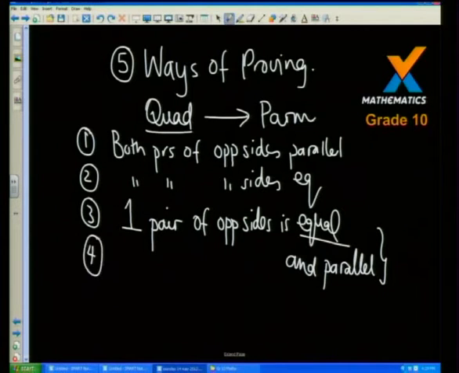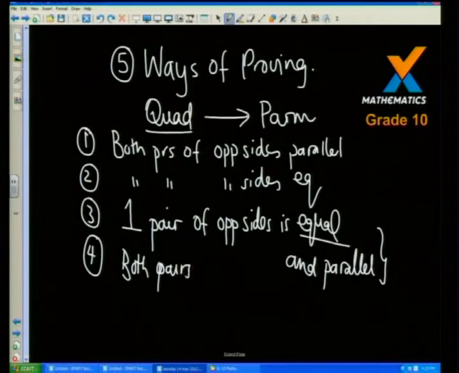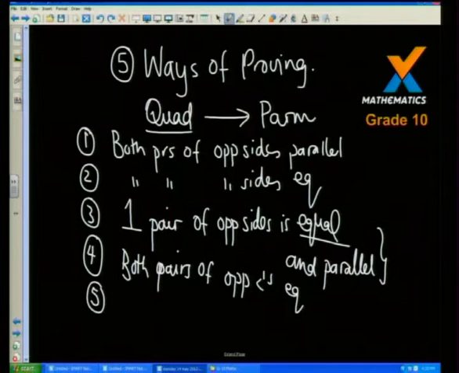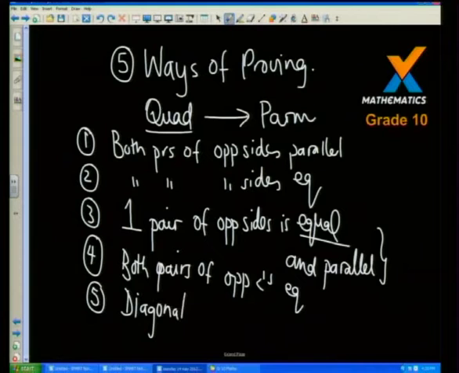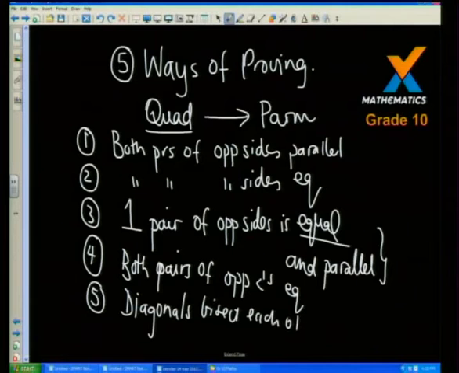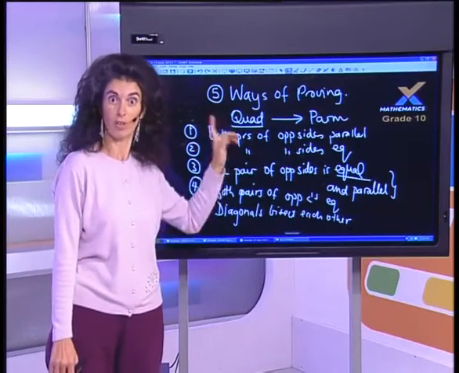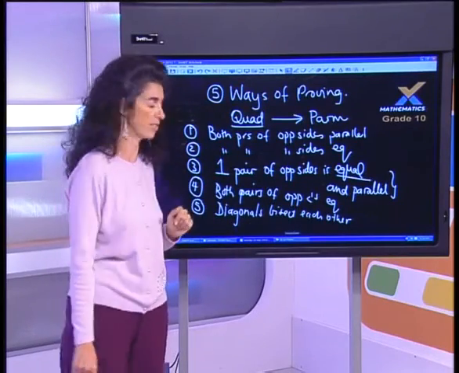Then the other one is both pairs of opposite angles are equal. And then finally, if the diagonals bisect each other. Okay, so whenever the question says prove a parallelogram, you need to go and fetch one of those in order to prove that that quad is a parallelogram.